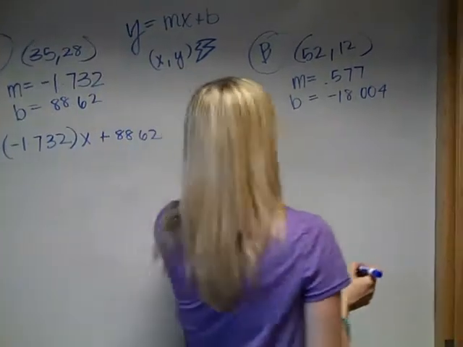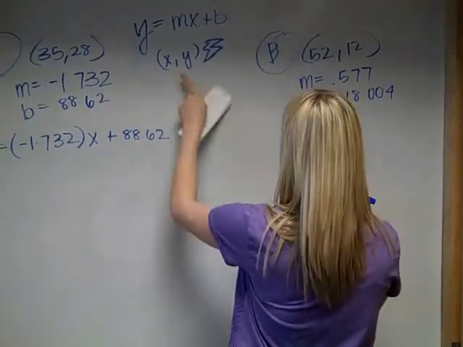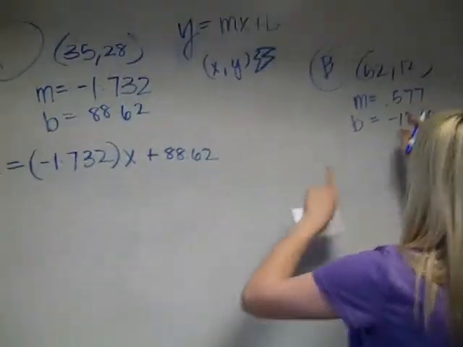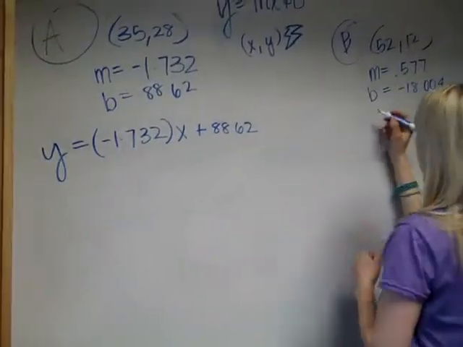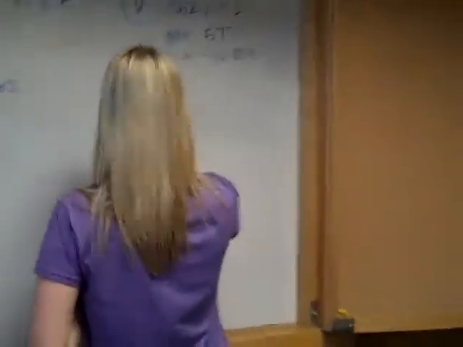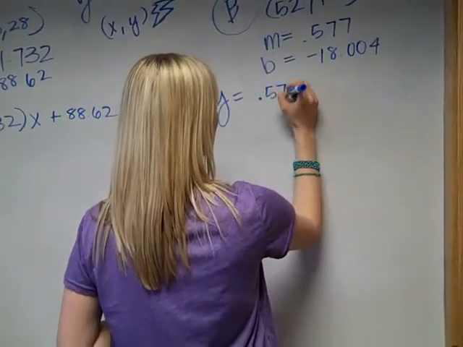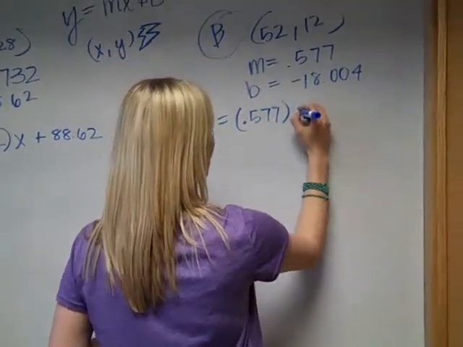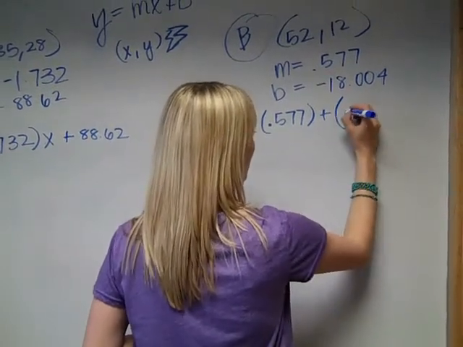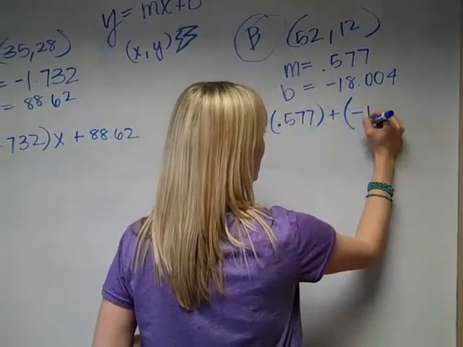On this one we've got the same thing: we don't know x and y of the lightning strike, but we know the slope and b, so y equals 0.577x plus negative 18.004.